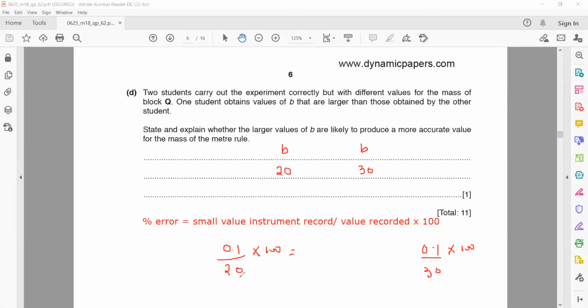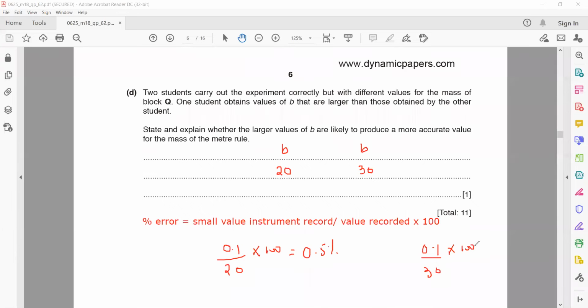What is the answer here? 0.1 divided by 20 multiplied by 100. So 0.5% error.